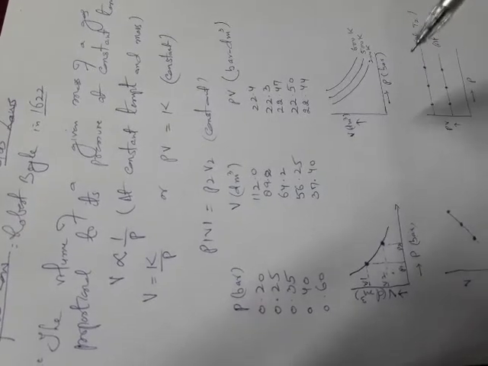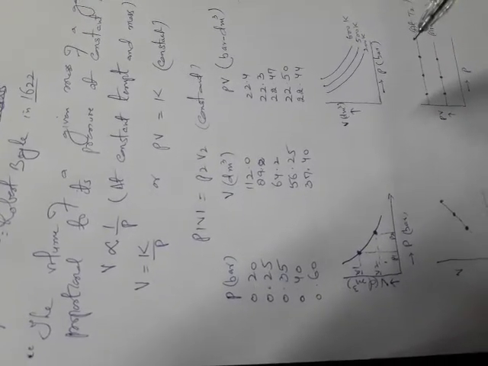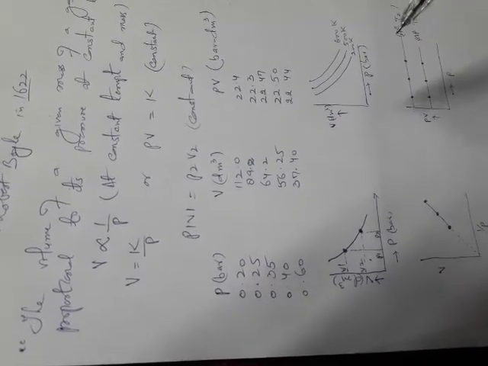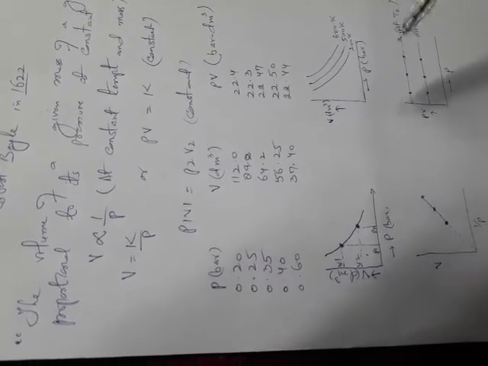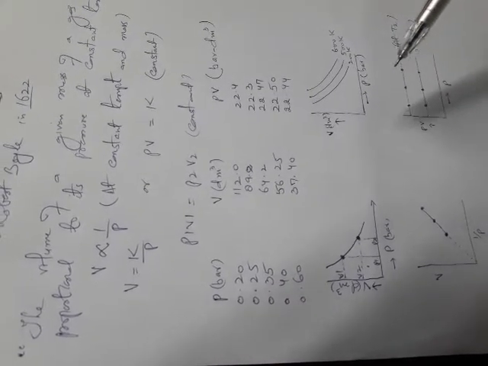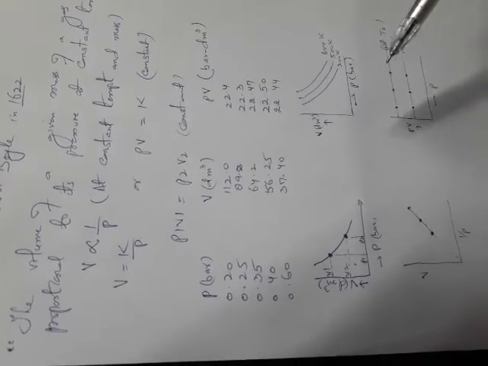At sea level, pressure is 1 atmosphere and air is quite dense. However, at high altitudes, pressure is less, the volume of the air is more, that is, density becomes less.